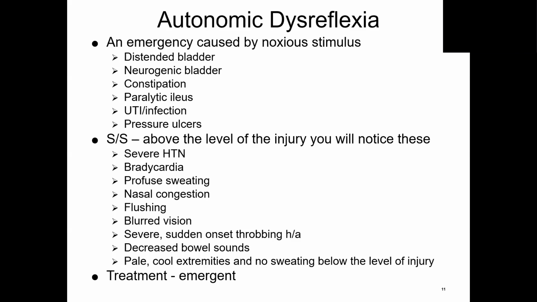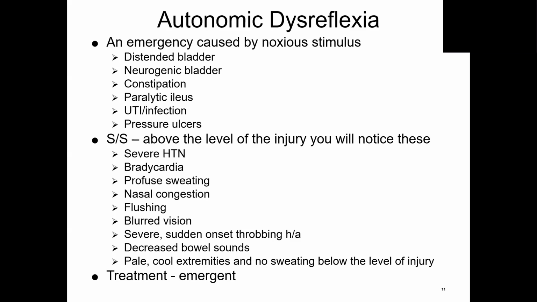So they may not feel that they have a full bladder. They may not feel that they have a UTI or a pressure ulcer. But any of these stimuli can actually result in this autonomic dysreflexia or lead to it, which leads to excessive sympathetic nervous system stimulation. So that fight or flight response or that stress response, which is definitely life-threatening, okay? So we treat it emergently to try to help prevent any kind of strokes or anything like that.